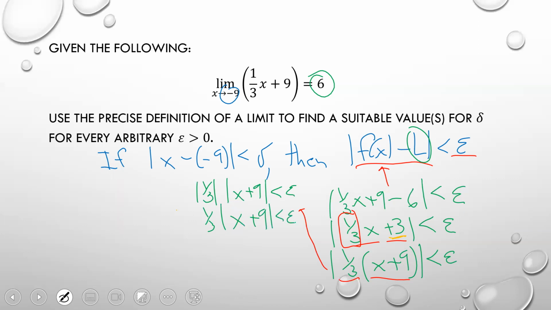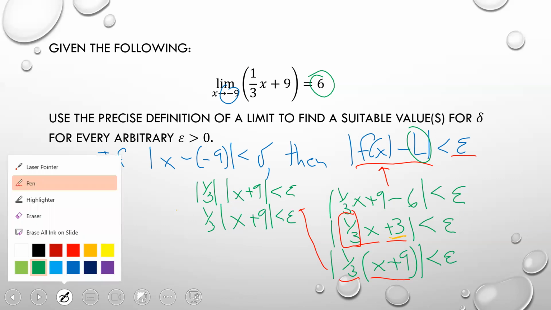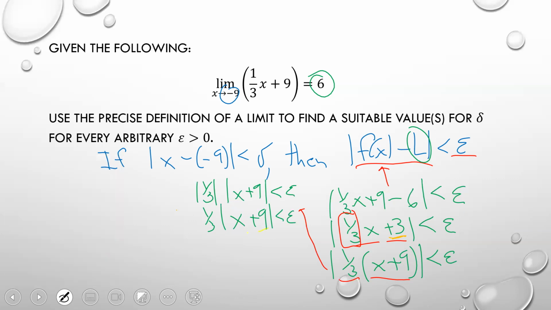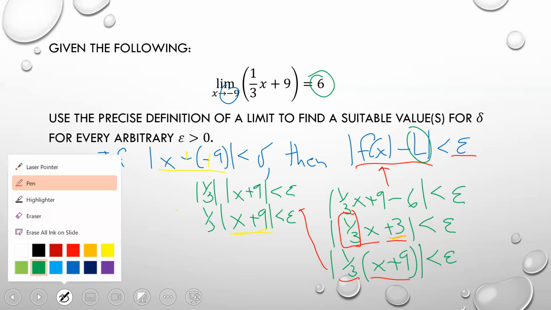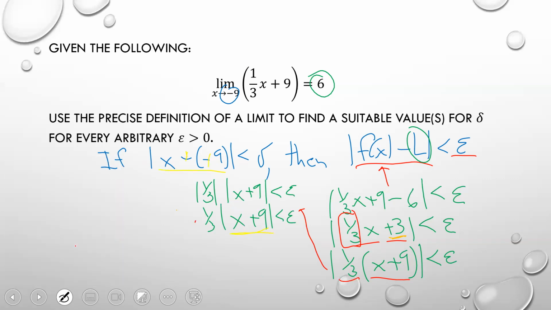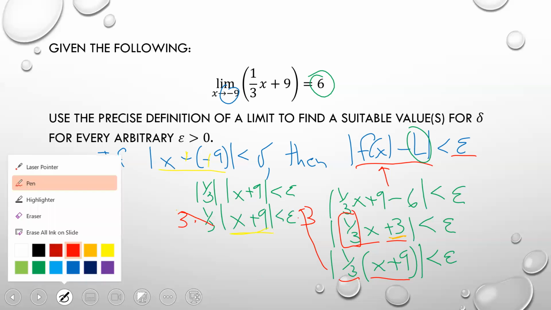And notice again, just like on the previous one, what we have inside the absolute value here, that x plus 9, is very similar to what's inside the absolute value up here. The x minus -9 would make x plus 9. So we're going to go ahead again and isolate the absolute value of x plus 9. We can do that since we're multiplying by 1/3 here. We can multiply by 3 on both sides. That'll cancel out the 1/3 on the left.